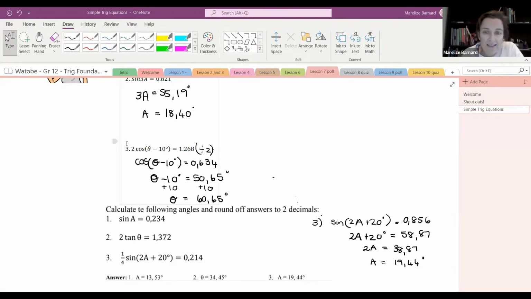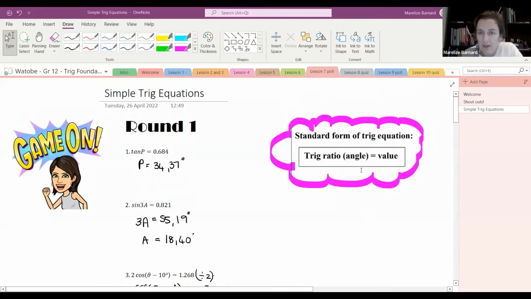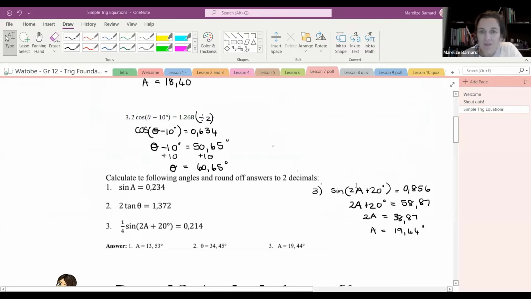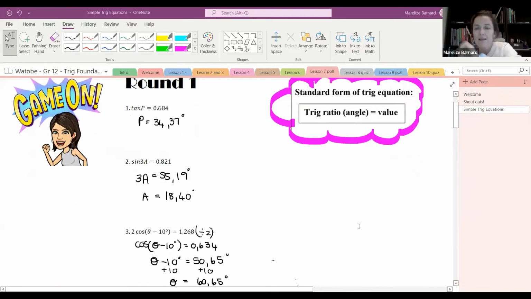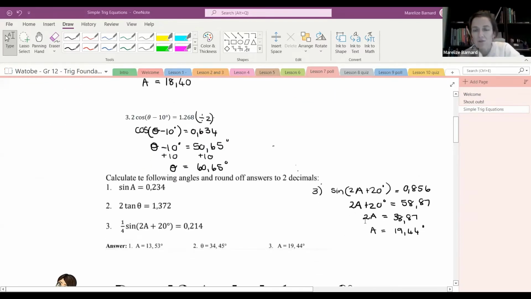Okay, I think some people got this one. If you didn't get that, make sure you understand about getting your trig ratio by itself. If there's numbers with the angle, you only deal with that at the end. So when it's trig ratio equal to a number, if it's in that format, then you carry on and you do your reference angle or just your angle using your calculator, and then you get your variable by itself.